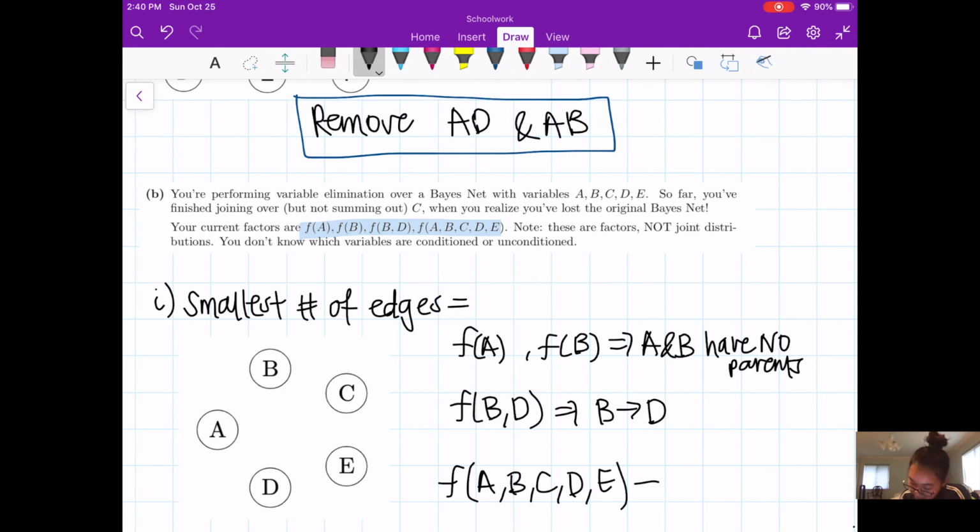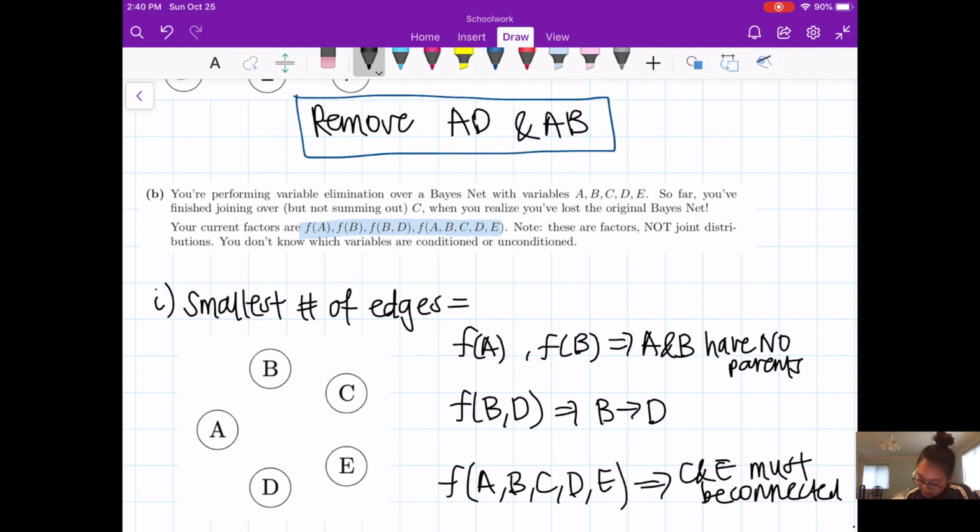So C and E must be connected, and by connected I mean from one arrow, and then all the other factors must point to the parent among C and E in order for this to be true and to be able to combine to this 5 variable factor right away without needing the other factors.